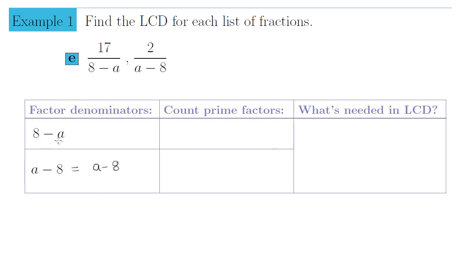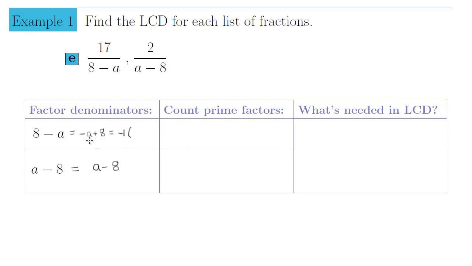Now, 8 minus a. Well, it also doesn't have anything at first glance that goes into 8 and a. But if we rewrite this as negative a plus 8, when you look at it with the negative a first, you notice that you actually could take out a factor of negative 1.